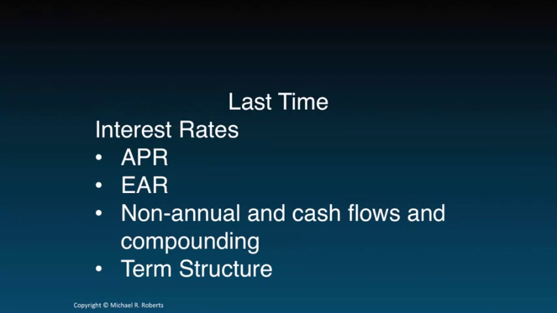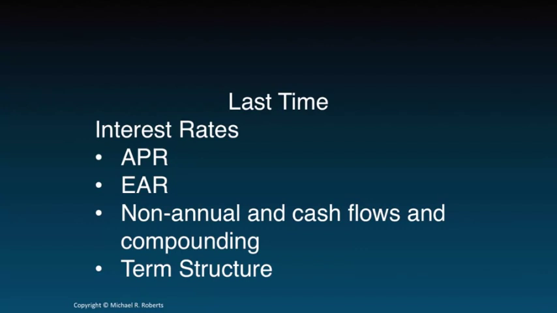Then we used those discount rates to value and assess cash flow streams that were no longer arriving on an annual basis, and to deal with the compounding of interest on a non-annual basis. Then we closed off the topic with a discussion of the term structure of interest rates, which is the relation between the interest rate and the term of the investment, or the duration of the investment.